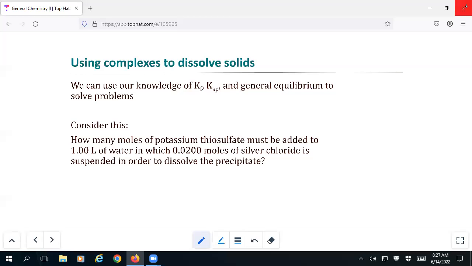So we're going to start today by talking about complexes and how we can use complexes to dissolve solids. And these kinds of problems generally stem from just what would it take?